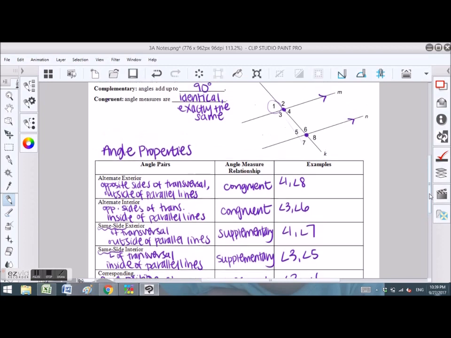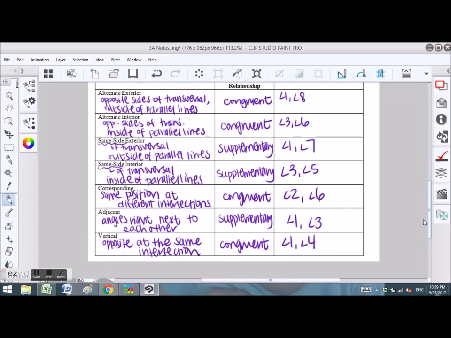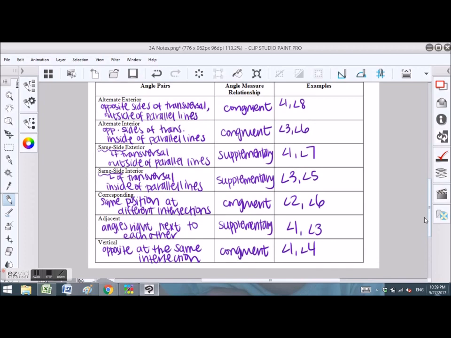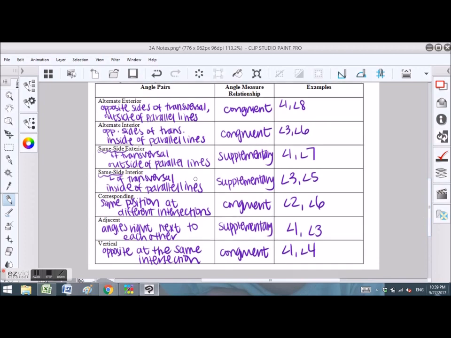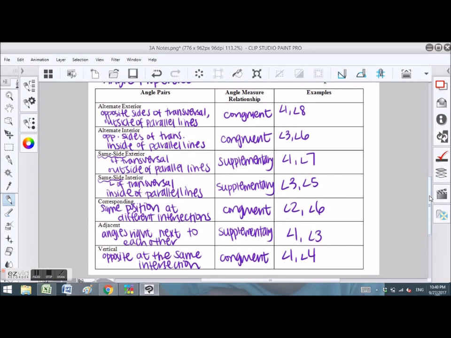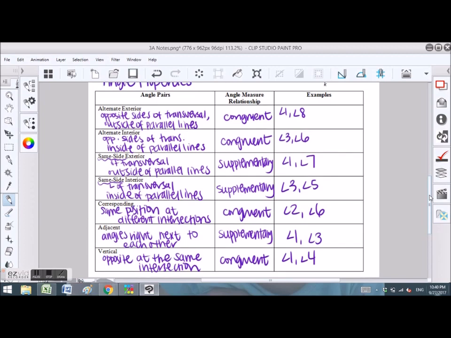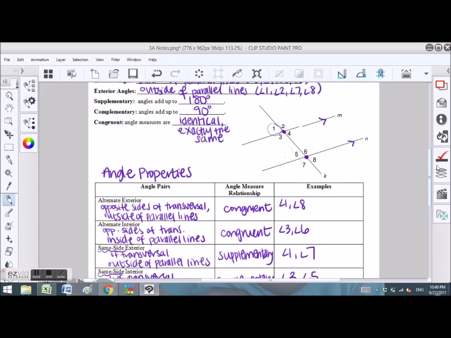Great. So this is a lot of memorization of definitions, but remember, each word tells you something about the angle in relation to either the transversal or the parallel lines. So once you start looking at examples of these, if you memorize these definitions and the angle measure relationships, it should become quite easy to remember.